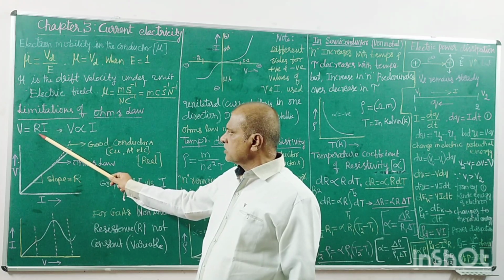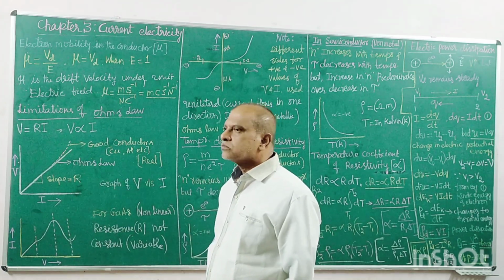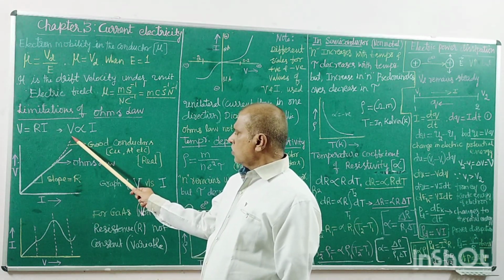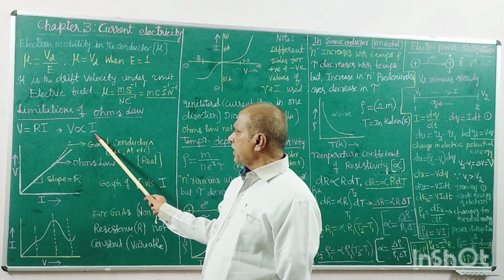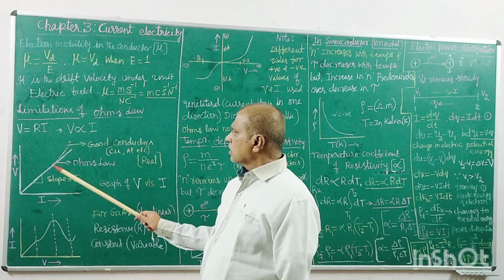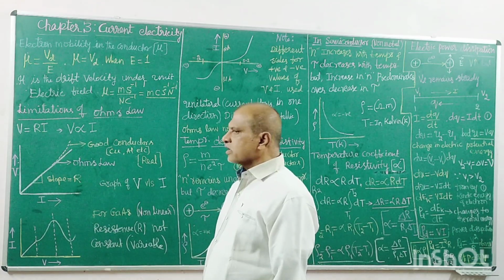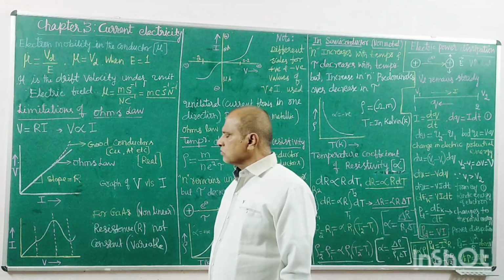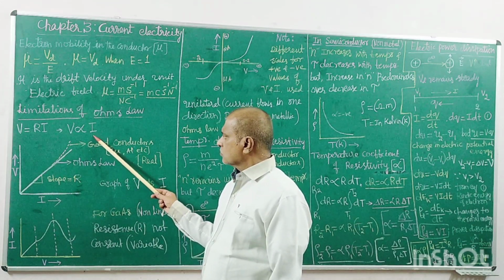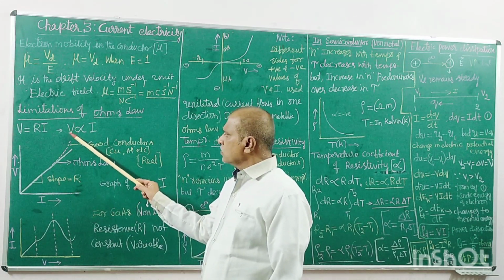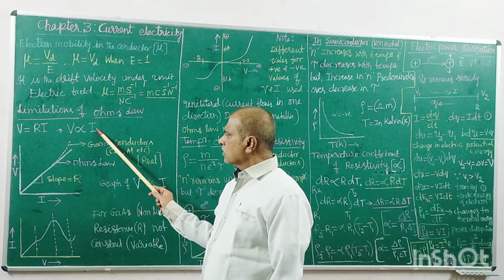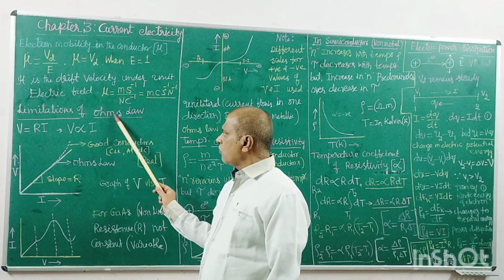And this R is called the proportionality constant. The equation says voltage and the current are directly proportional to each other, and the electrical resistance of the conductor remains constant over all possible values of V and I. That is the mathematical form of Ohm's law.